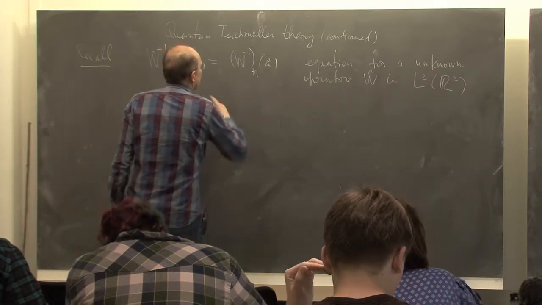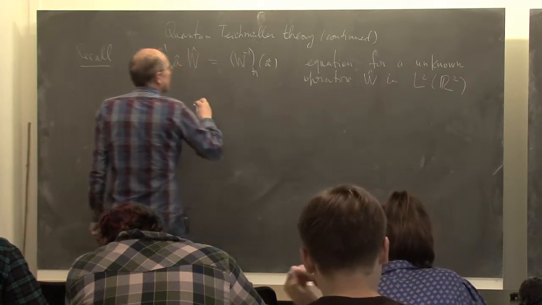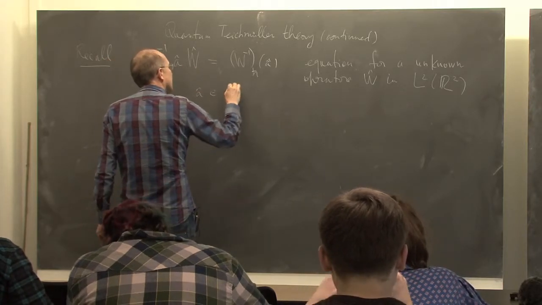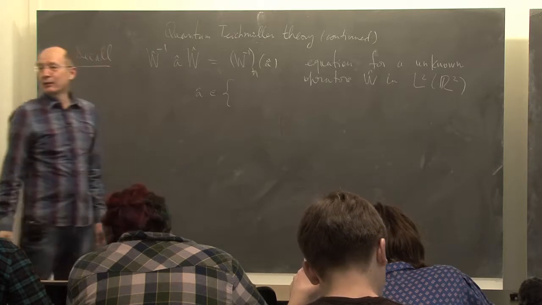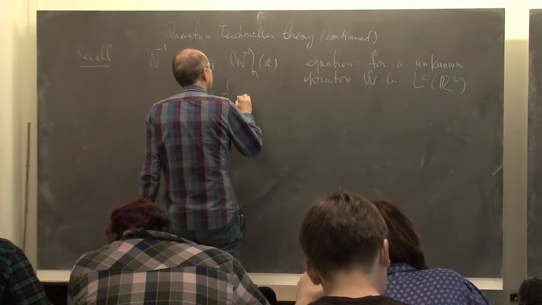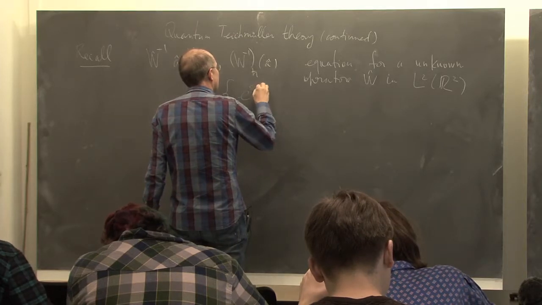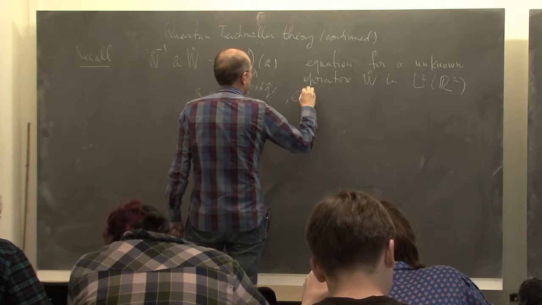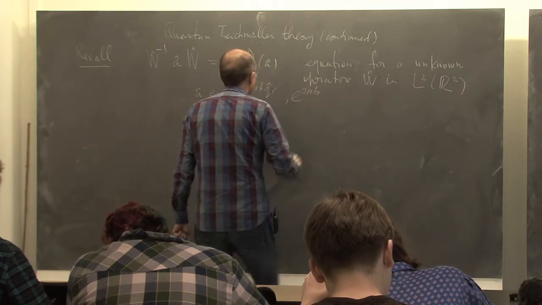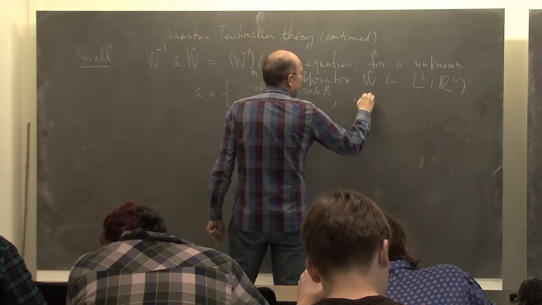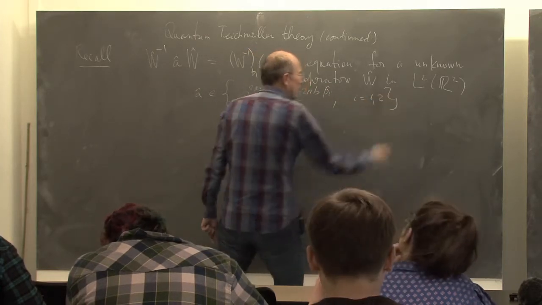So let me recall what was here. A hat was something taking 4 possible values. So it was either e to the power 2 pi b q_i or e to the power 2 pi b p_i, with i taking values 1 and 2.